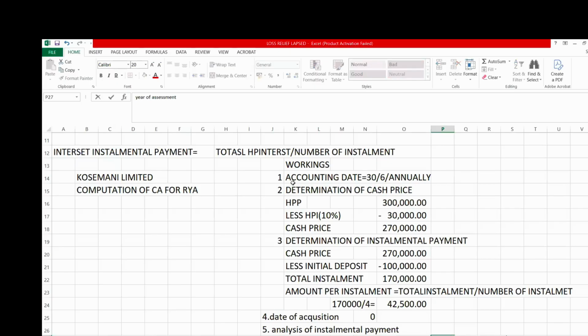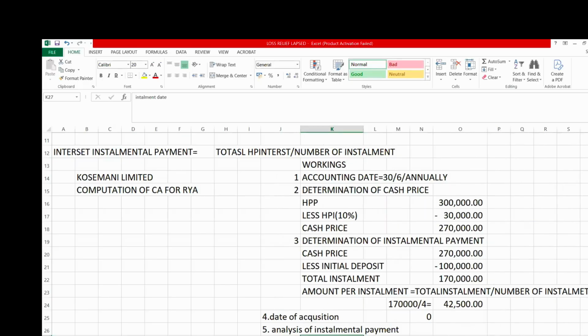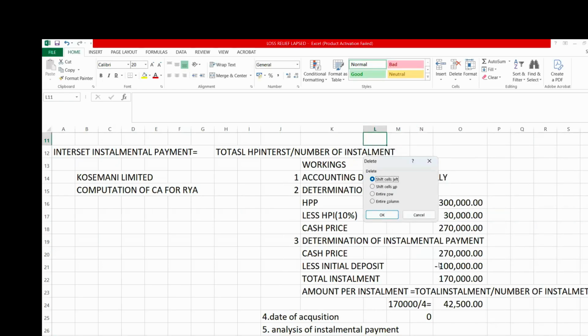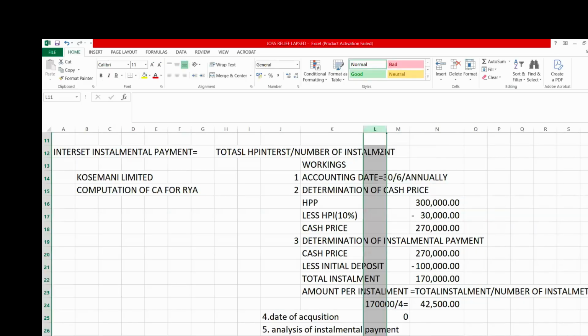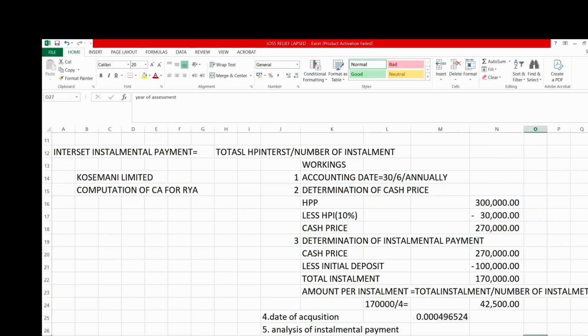So look at all this information we need to be able to analyze these installment dates.